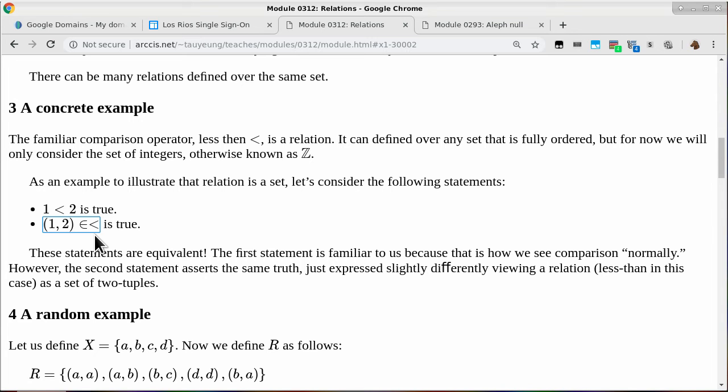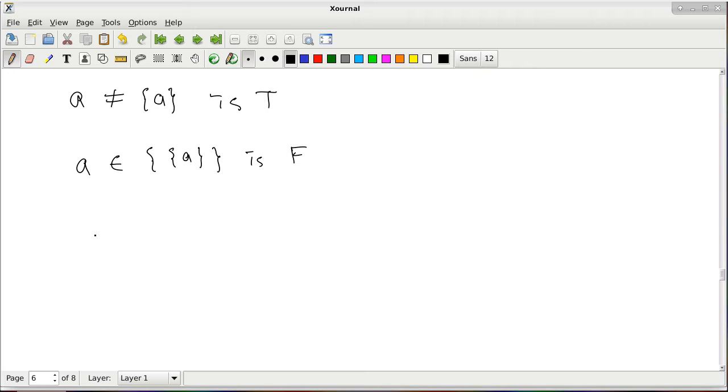Okay, so let's take a look at this less than thing, and I can give you a better idea of what is in it. We want to define less than over the set of all integers. In other words, I want less than to be a subset of Z Cartesian product with Z, to indicate which member of the integers is less than which member of the integers.